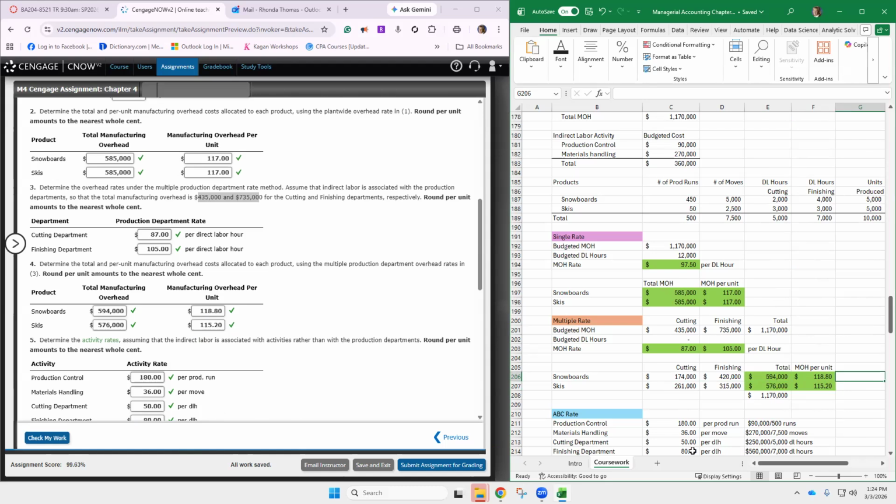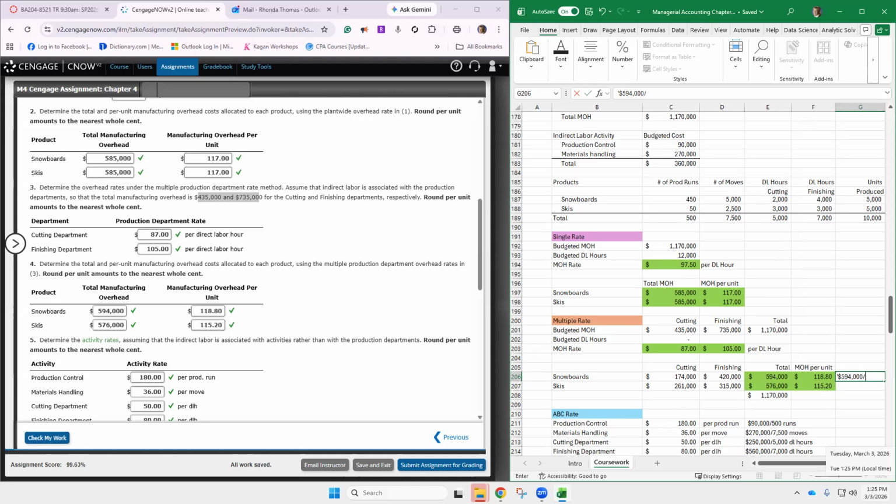Let me put how I got this number. These two are added together, right? And then this is 594,000, I've got to put that dollar sign, 594,000 divided by 5,000 units.